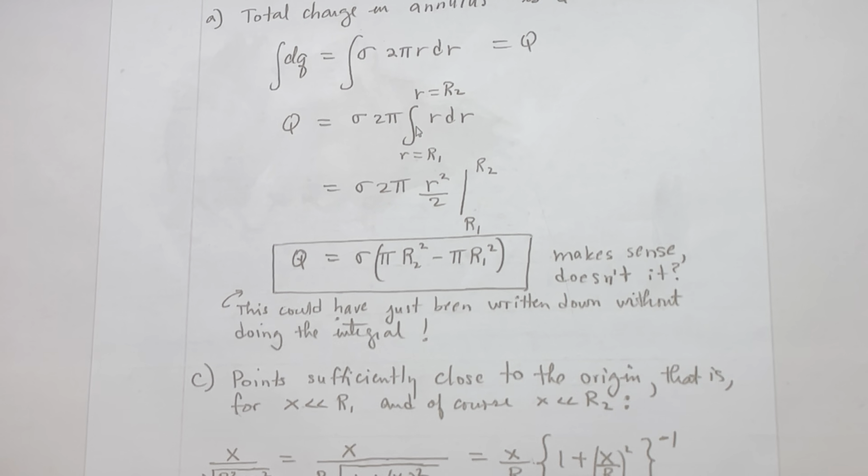So this thickness is dr. Now, what is the charge in that ring, if the charge per unit area is sigma? How much charge is in this ring of radius r and thickness dr?